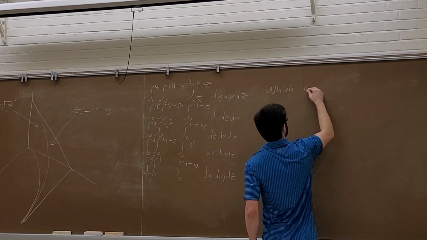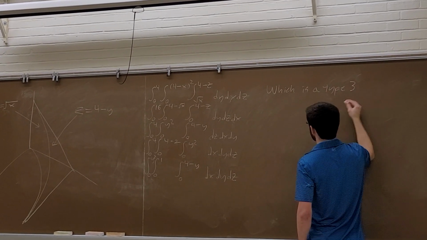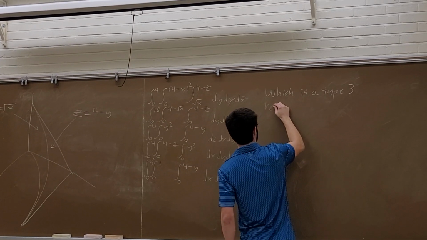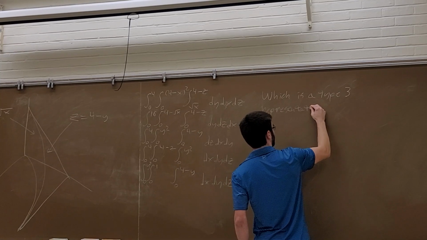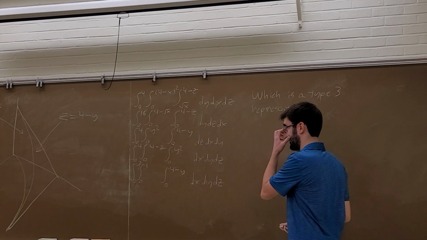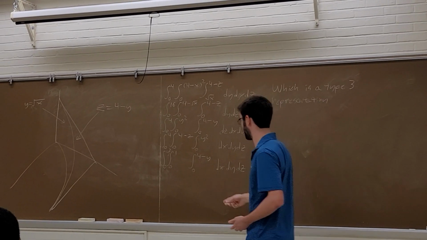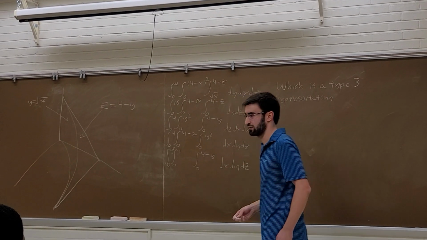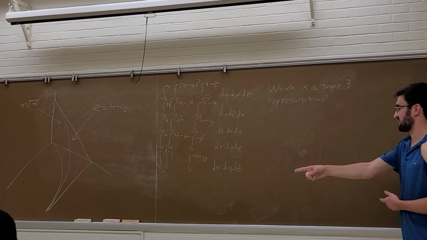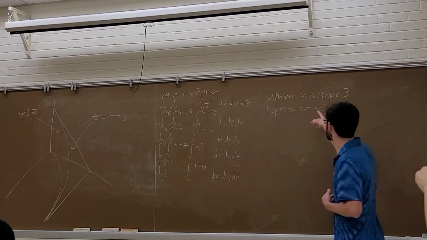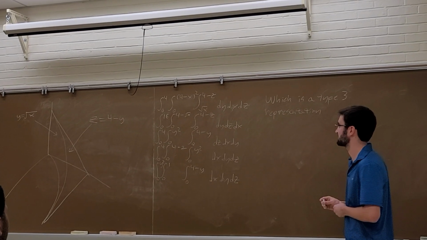Y equals... one minus y. Okay, so the question is, which of these 5, if any of them, is a type 3 representation?